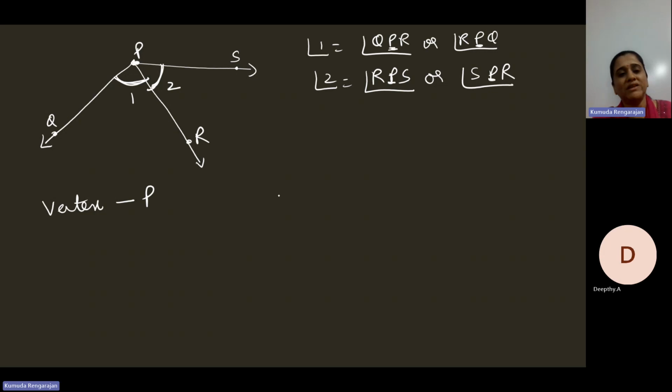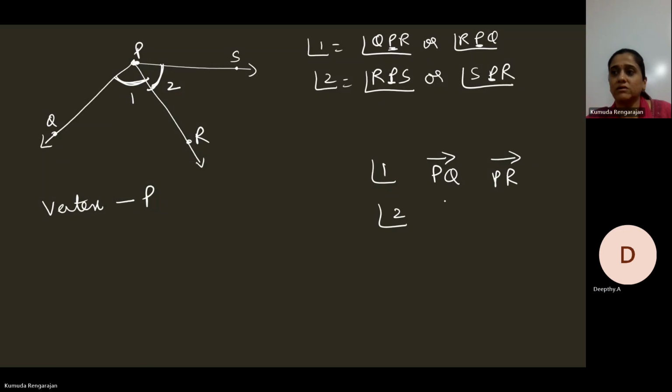Then tell me the arms of angle 1. Arms are rays. Ray PQ and ray PR. And what about angle 2?